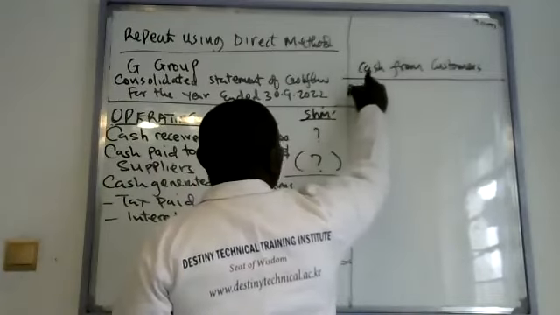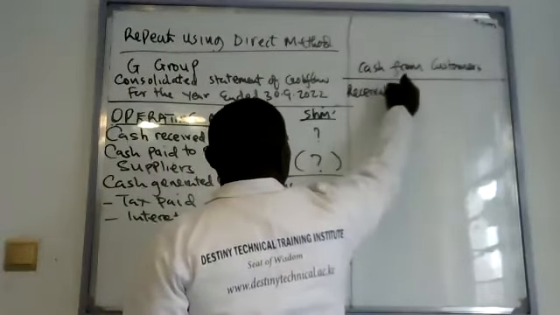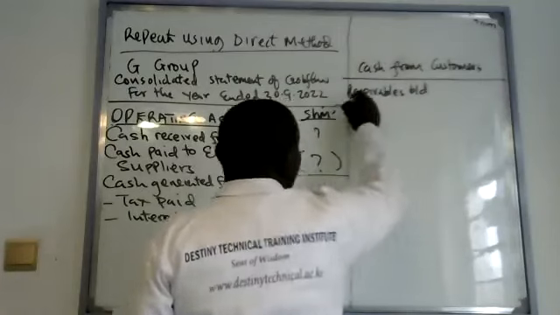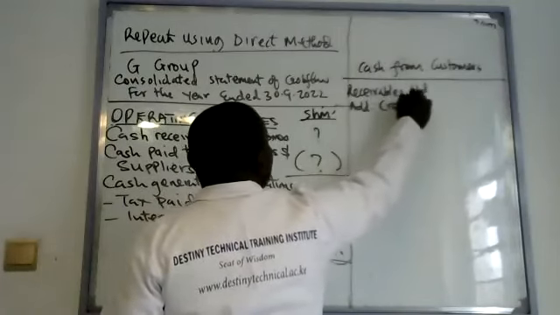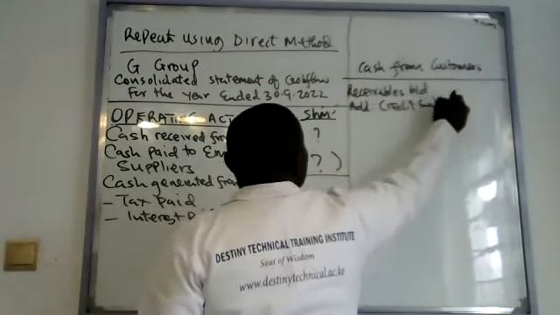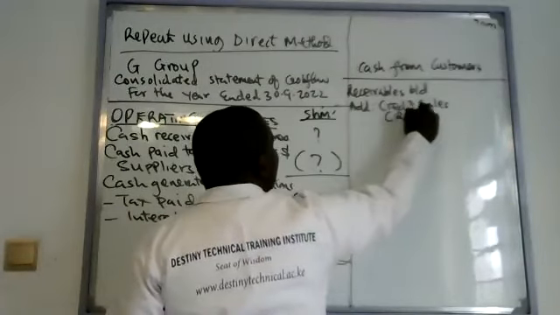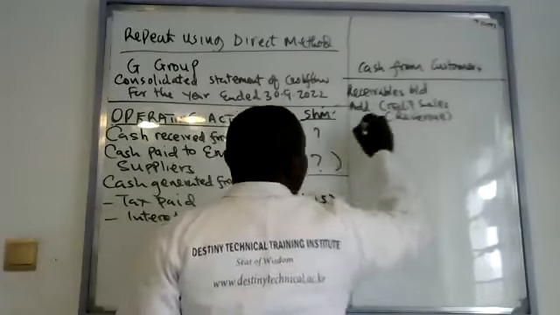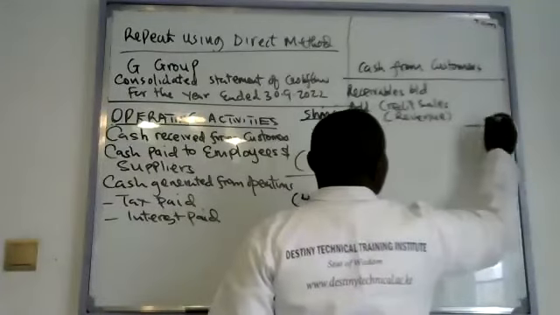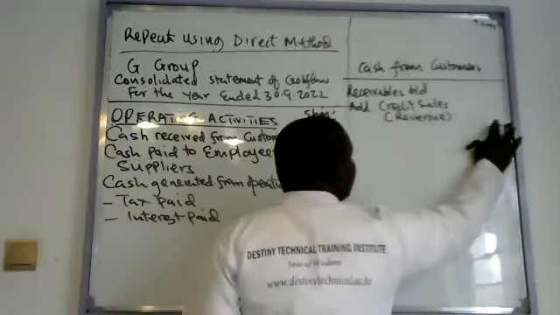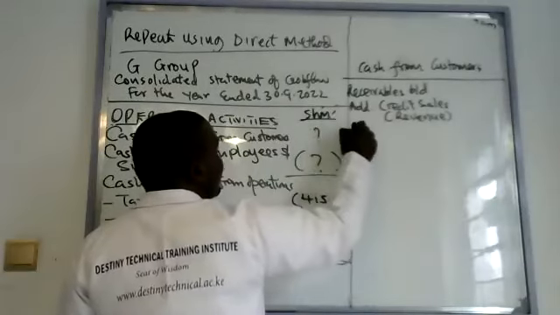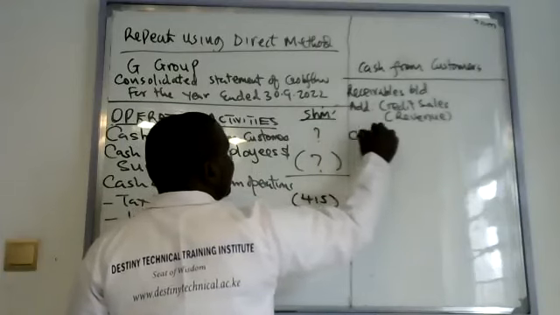You take receivables, write down. You add credit sales. Credit sales here we are going to assume to be revenue. Then what you get, cash received.